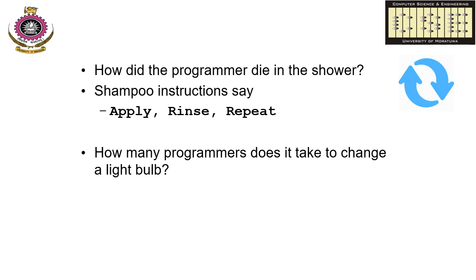And once again, how many programmers does it take to change a light bulb? Any guesses on that? The obvious answer from a programmer would be none, because it's a hardware problem. So we don't touch hardware related issues. We are programmers, so that would be the typical answer from a programmer.